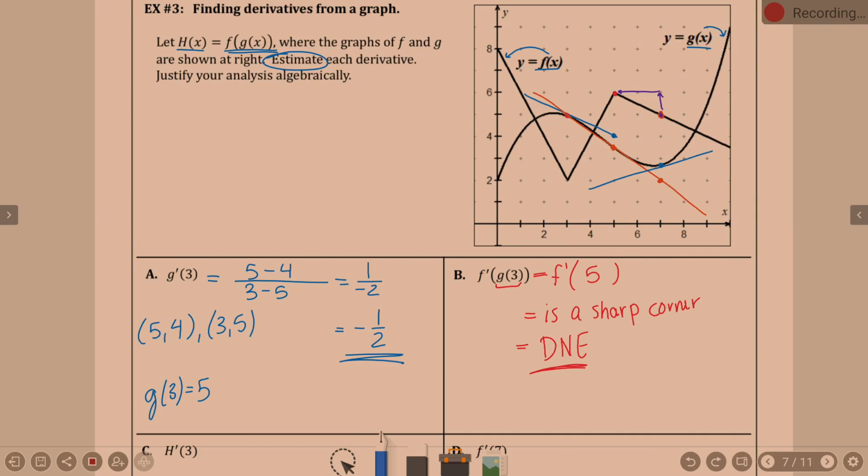Mine looks like it went through 8, 3 and 5, 2. So rise 1, run 4. I think if you continue it, it probably goes through 1.